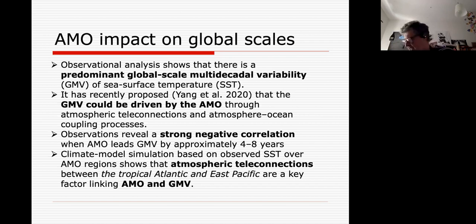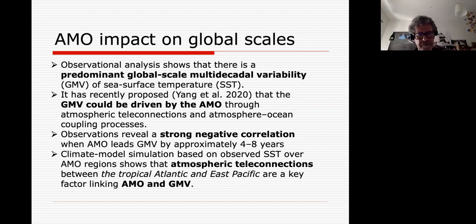This influences the GMV, but this is important: the relationship between AMO and GMV has a strong negative correlation, which means that the two are not in the same polarity, but also there is a delay of 4 to 8 years.